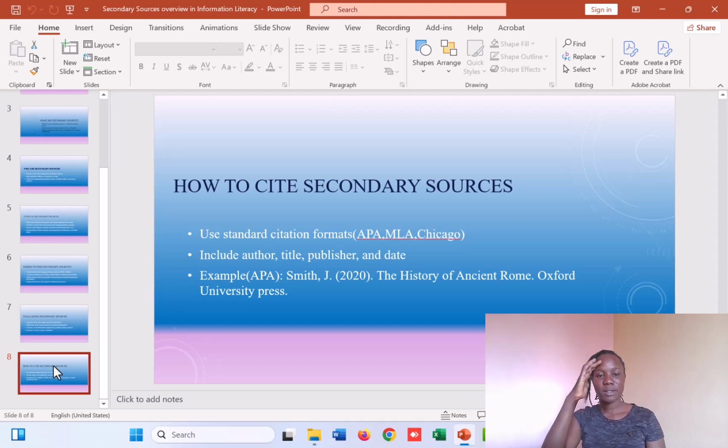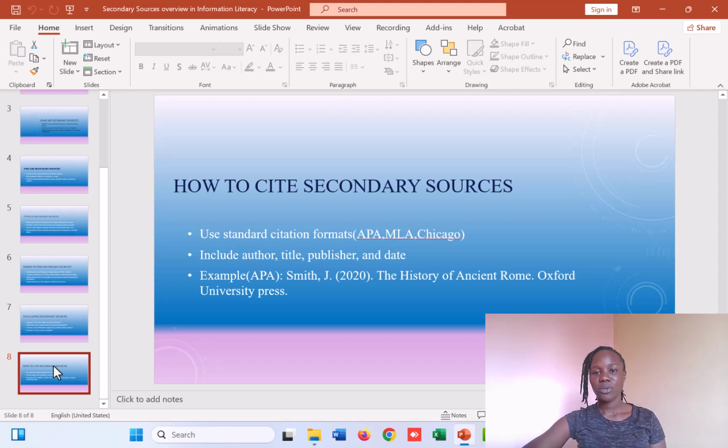So lastly, let's look at how to cite secondary sources. Secondary sources can be cited using standard citation formats, same as primary, like APA, MLA, and Chicago. Those are the most commonly used citation formats in most universities and academic institutions. They include the author, the title, the publisher, and the date.